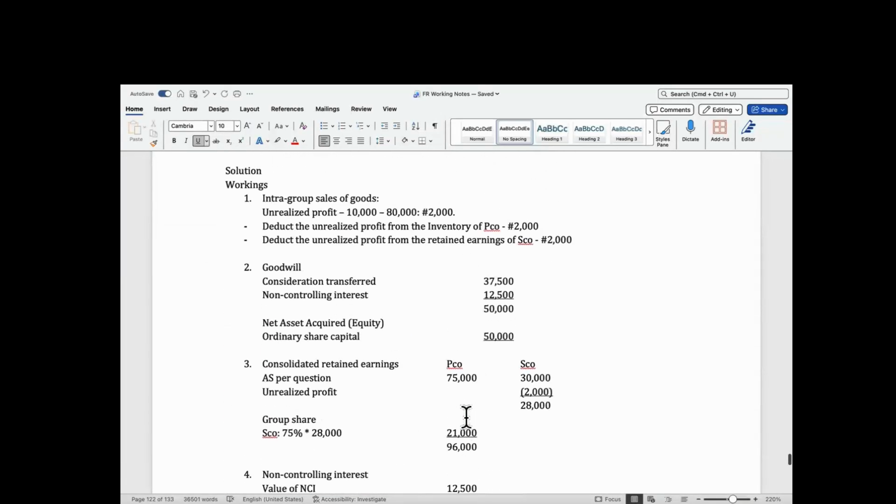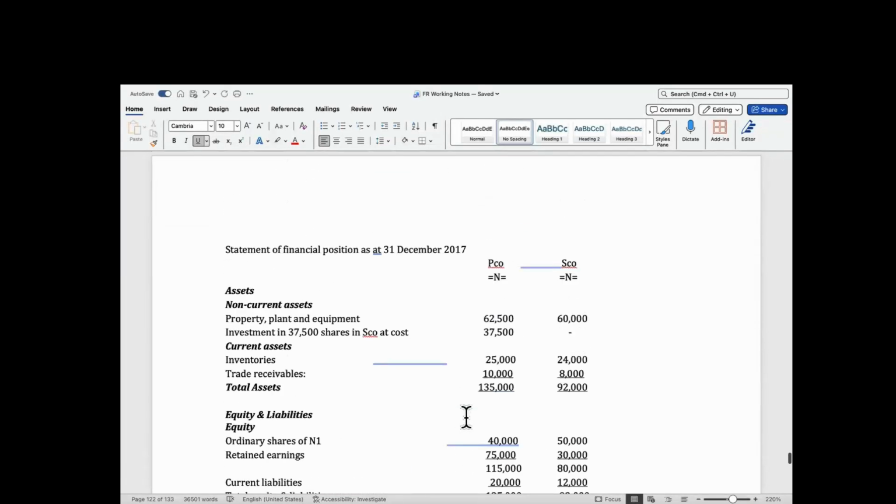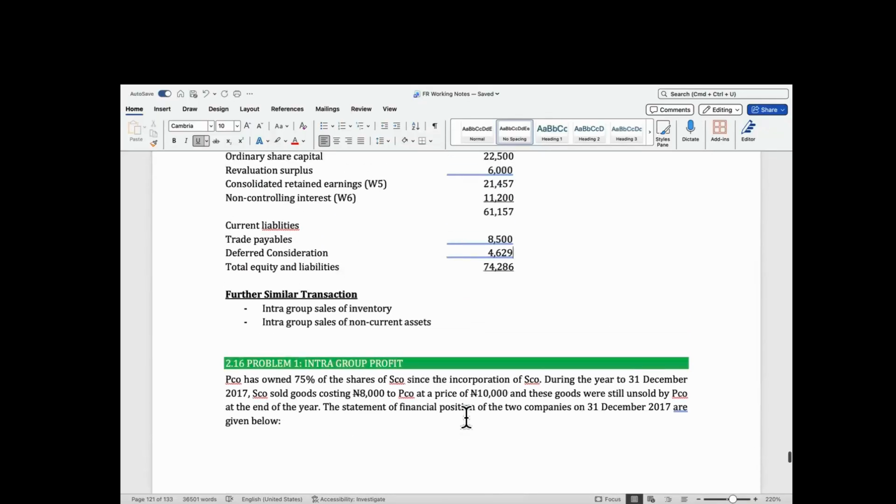Is nothing new. It just takes time to explain. So we just continue our cancellation. Just that we are going to look at further items, like when there is intra-group sales of inventory and intra-group sales of assets. We'll look at those areas and how we cancel them out. It's still the same thing.